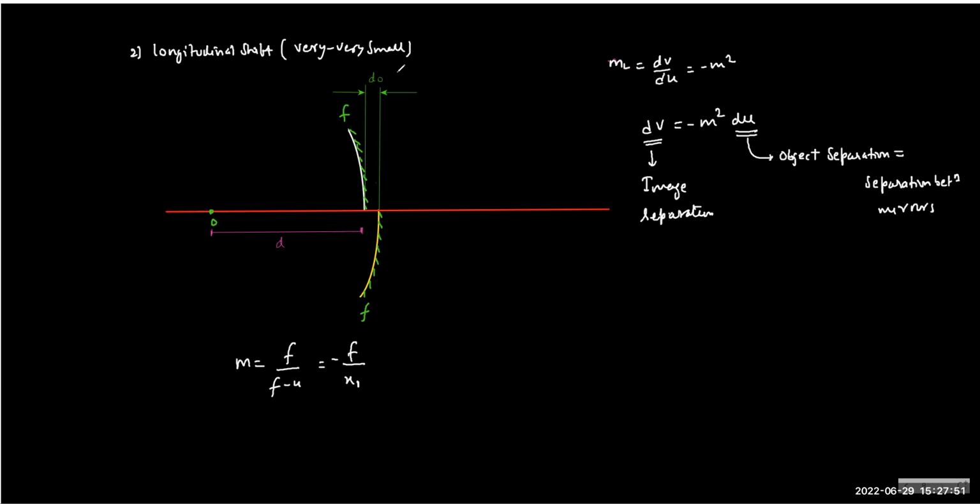So we are considering d naught as very small compared to f. That's why we are doing all this calculation. Okay. We can say the separation between the images will be minus f upon f minus u whole square into d. No, that's not.